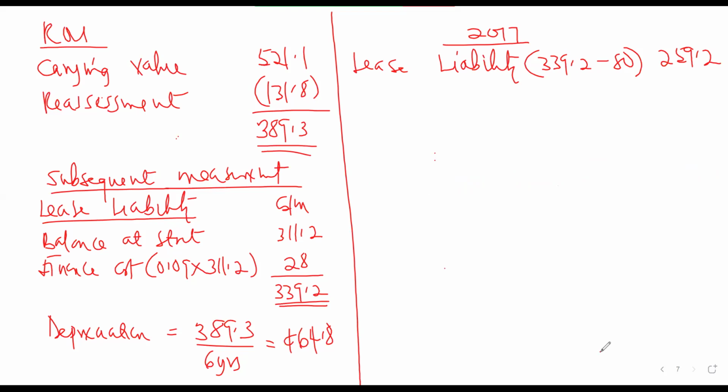So we come to the reassessment. We won't do much again. Let's come to 80 multiplied by the annuity factor for 2 years using 10%.